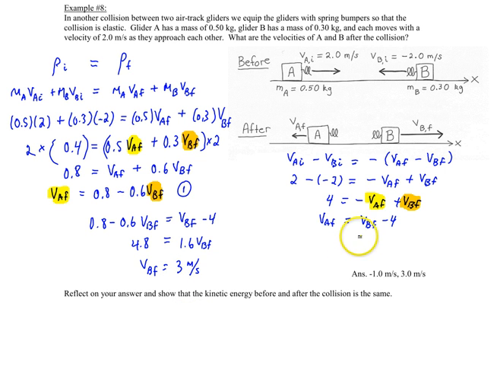And then if we plug that back over here, VA final would be equal to 3 meters per second minus 4 meters per second. So VA final will be equal to negative 1 meter per second. So there's our two answers, here and here.